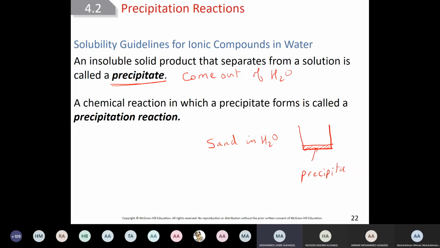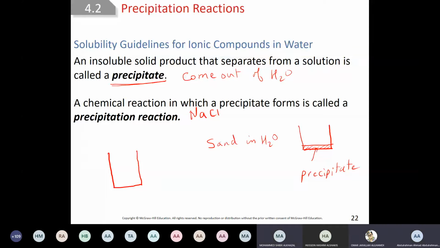If you put NaCl in water, what will happen to it?